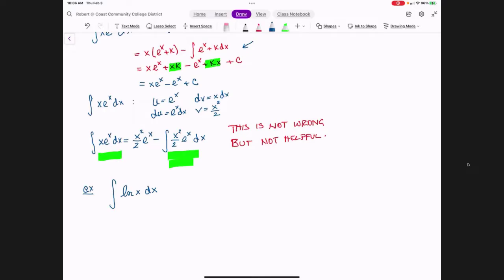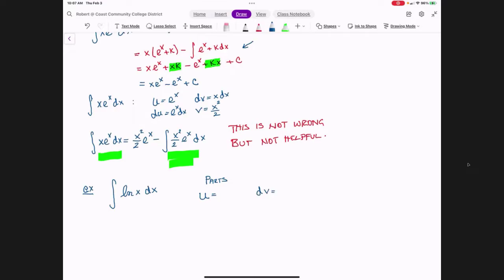Okay, so let's see. We don't really have much of a U substitution choice to think about here. So this looks like we're going to need to do parts. But if we're doing parts, there really isn't a whole lot we can play around with here.